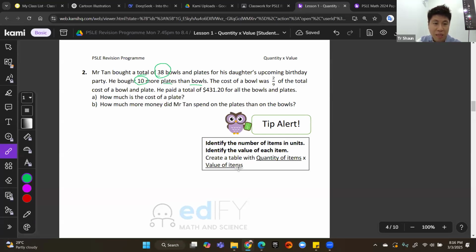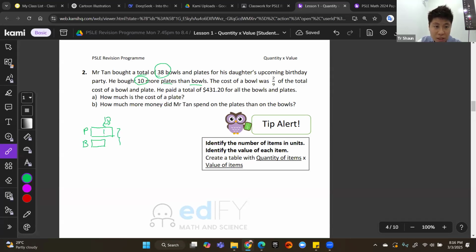This one you must be clear. There are 10 more plates than bowls. If you're not clear, just do a quick comparison model, because otherwise you may get confused between the bowls and plates, and there'll be a problem.